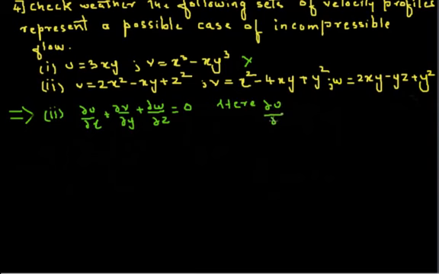Del u by del x, differentiating this u with respect to x, we get 4x minus y.